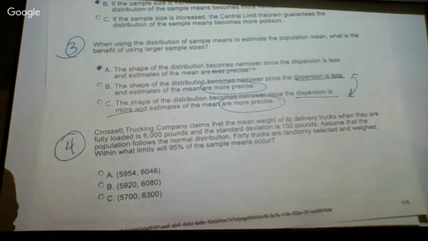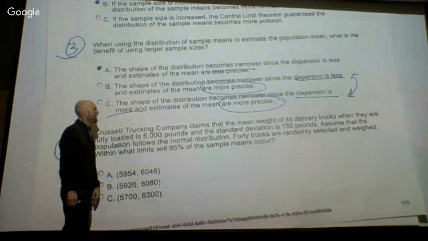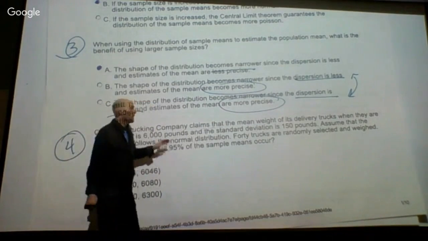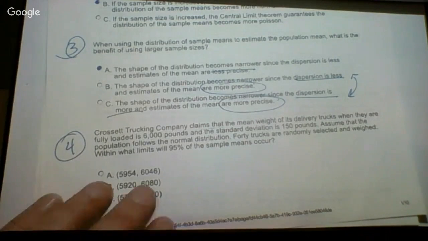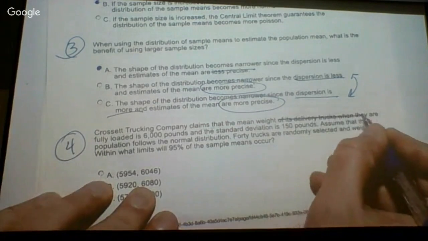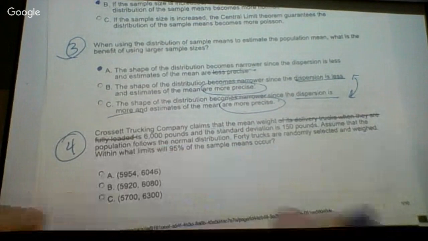We have sigma and we have S. We also have a mean here because it says the mean weight is 6,000, just the same way that the standard deviation is 150. So that 6,000 is going to be a mean. That 150 is going to be a standard deviation.